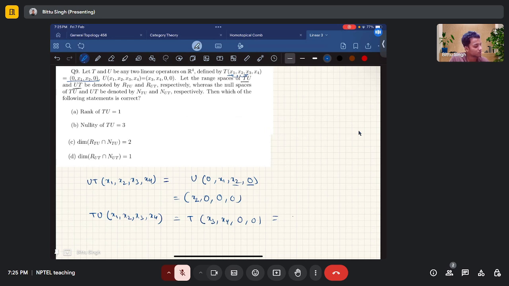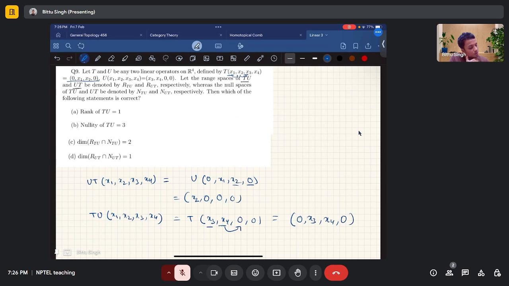So this x3 is now in the second place, and this x4 shifting to the third place. So there will be x4 and other things are 0. So those are the definitions of TU and UT.